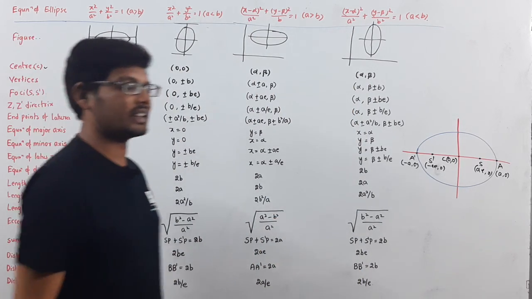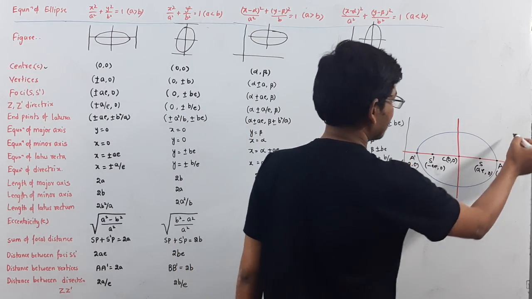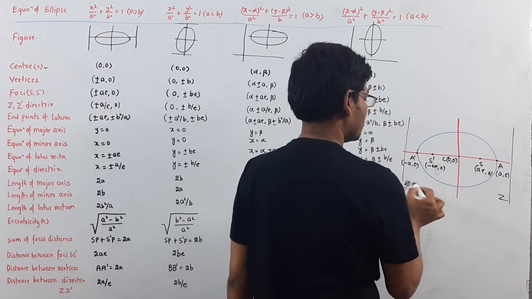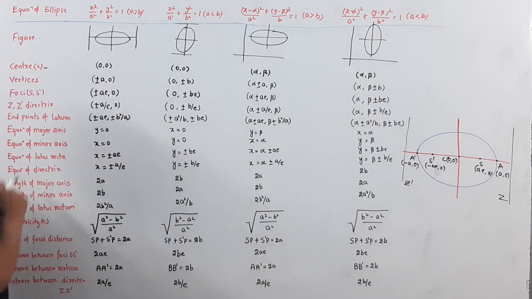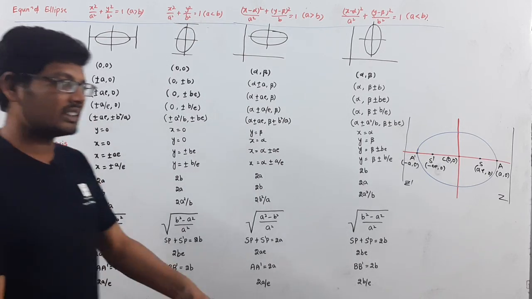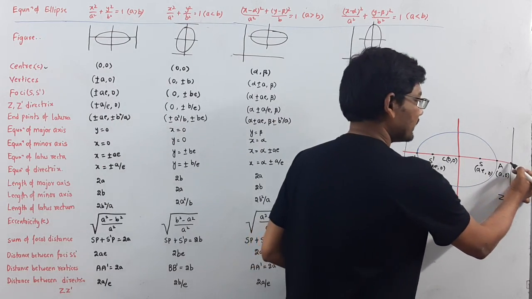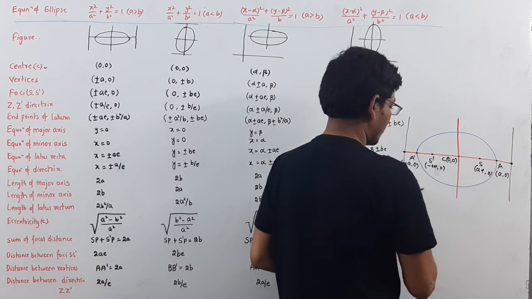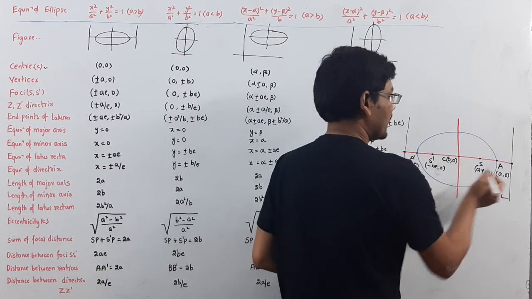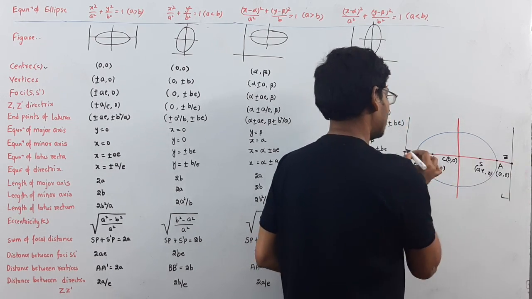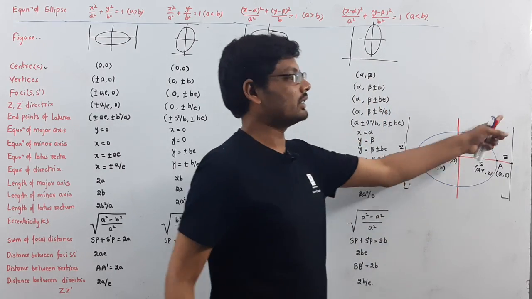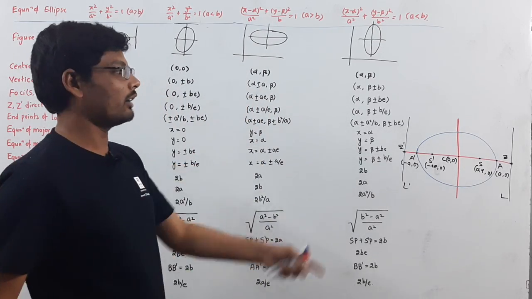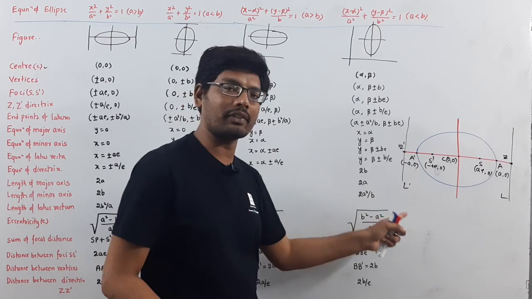And the next one, directrix. What is meant by directrix? This is one directrix, Z, and this is one more directrix, Z dash. The directrix intersects the major axis at 2 points, Z and Z dash, one on each side of the major axis.